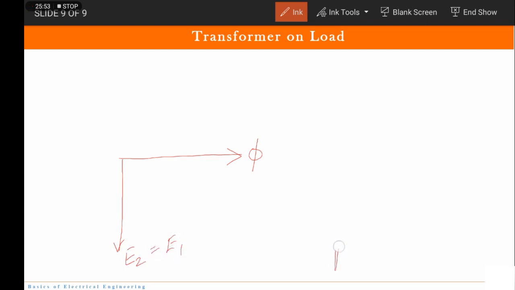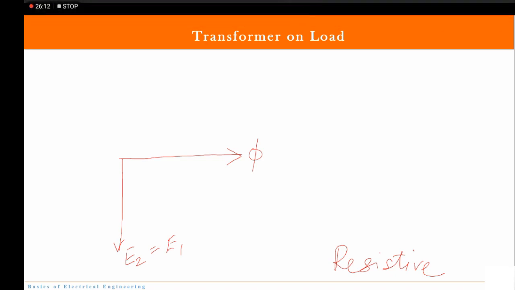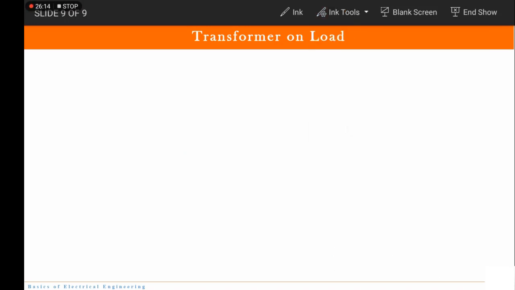This is a resistive load, so E1 is the same as E2. But now V2 will not be the same.